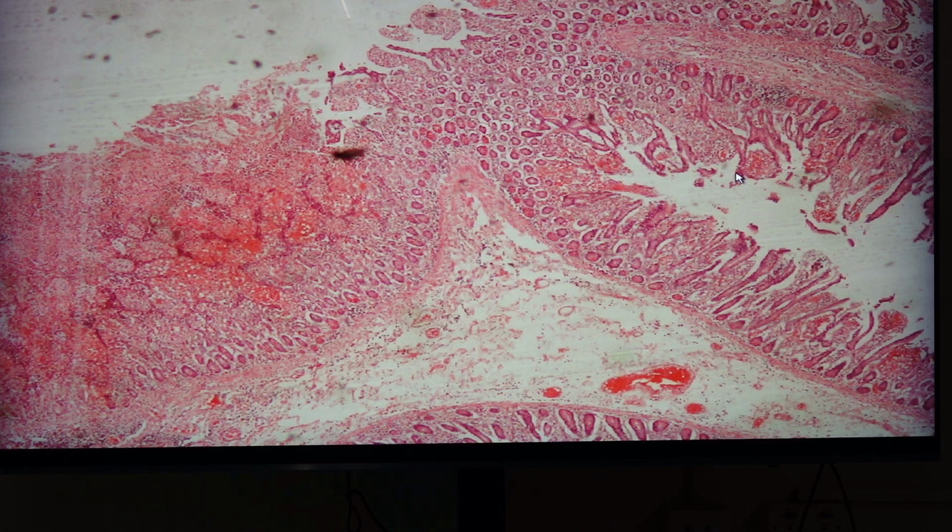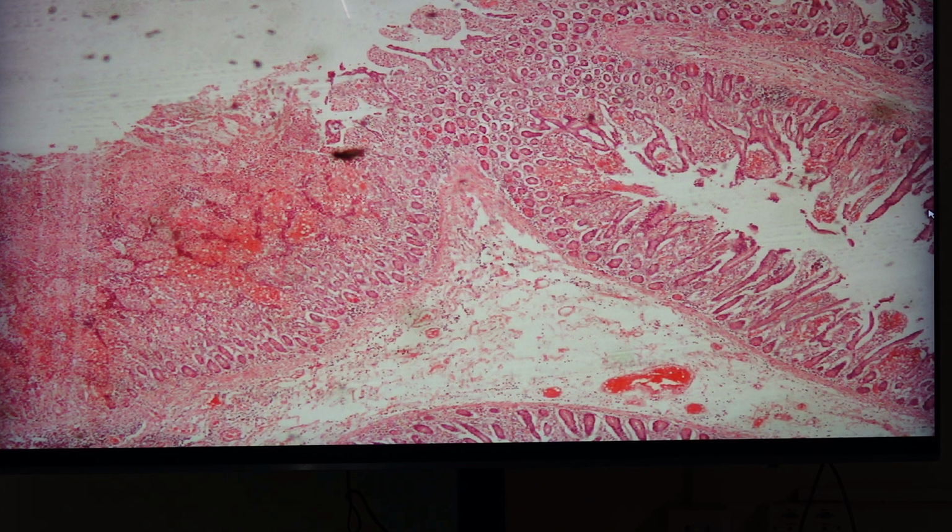And watershed areas would be associated with the termination of the vessel, of that particular vessel. Okay, so an example would be the splenic flexure, the sigmoid colon, as well as the rectum. So these are the ones that are prone to ischemic bowel disease or acute infarction.